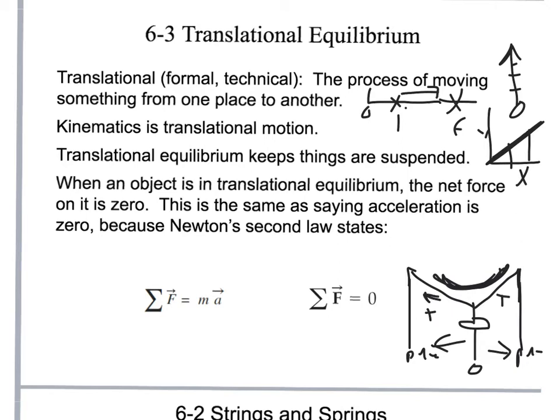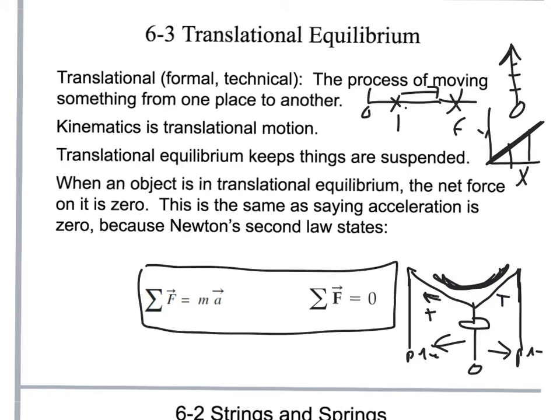So when an object's in translational equilibrium, the net force is 0. That's a very key concept, and here it is mathematically. When something's in equilibrium, the net force, which is the sum of all your forces, is going to be 0, and consequently your acceleration is 0.